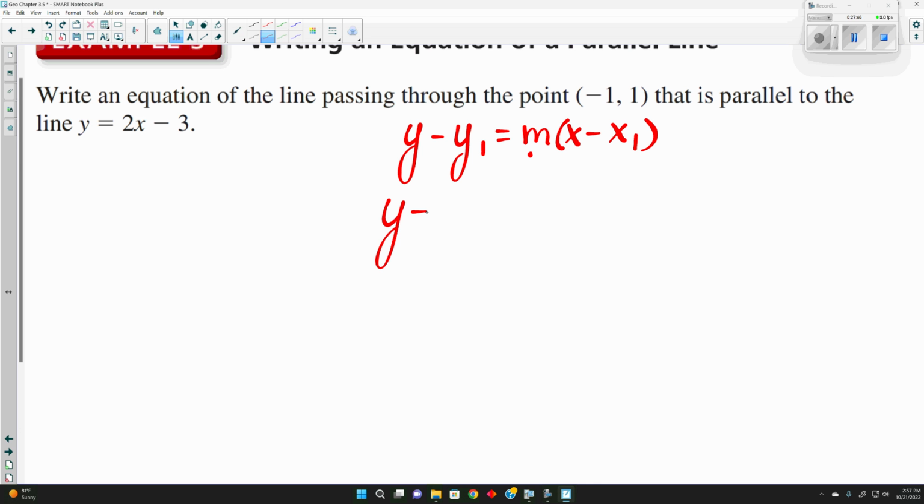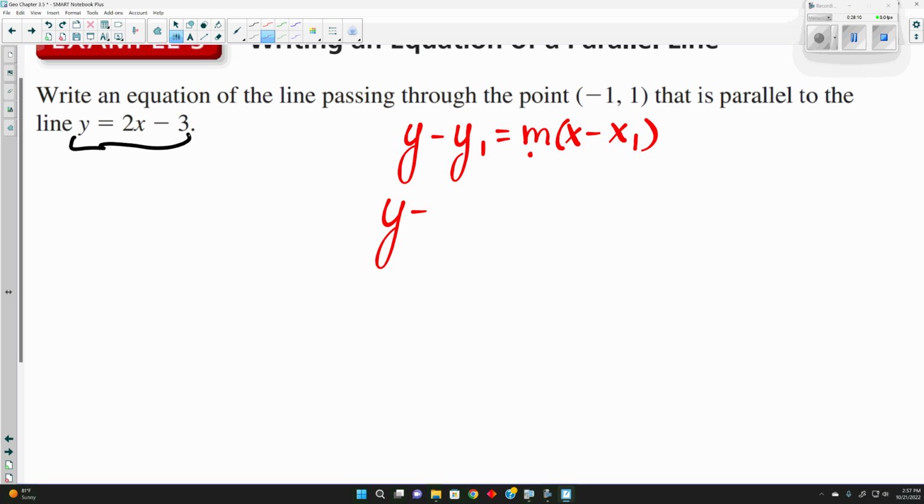Now, this here is easier than it looks. We're writing a line that's parallel to the given line, yes? Parallel lines are what? They have the same slope, yes? So they gave us this equation here. What's the slope of this line? Good question.